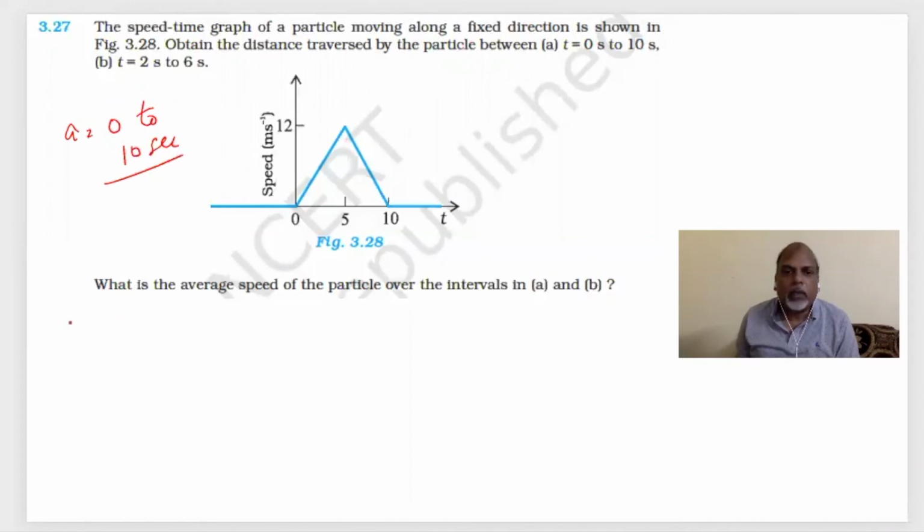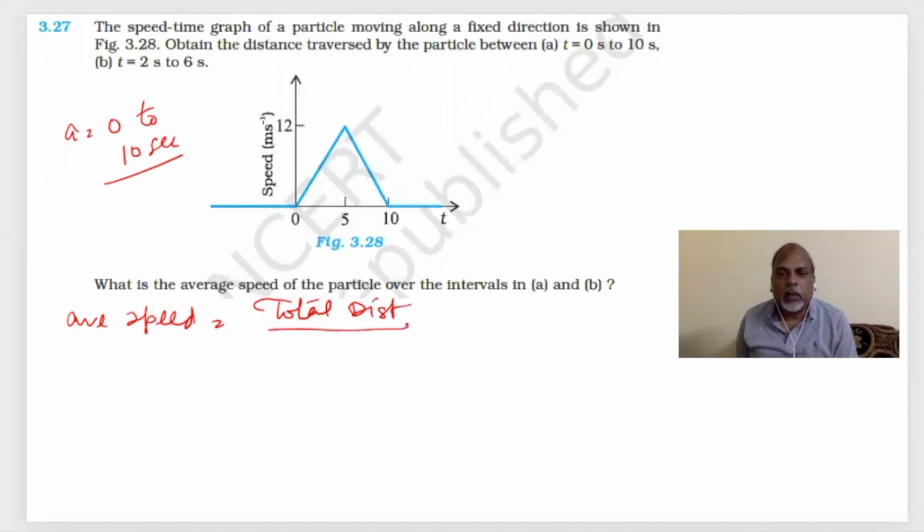Actually, average speed is nothing but total distance divided by total time.